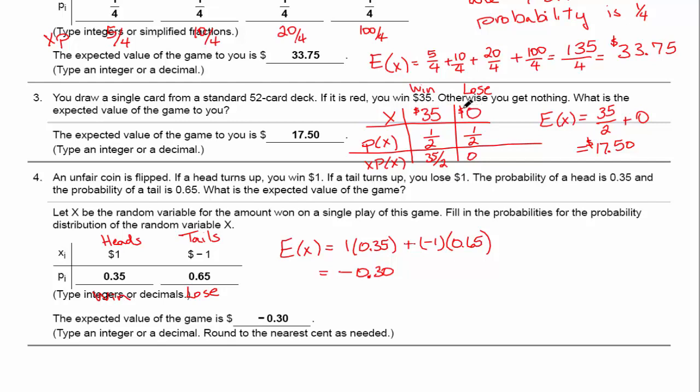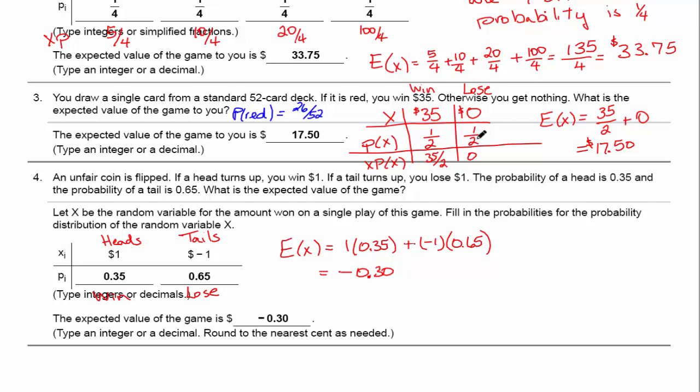All right, well, how do I win? Well, I get a red card. Well, how many red cards are there? Well, we know that the probability of a red card is 26 out of 52, which reduces to 1/2. Well, if I win when I get a red, that means I must lose when I get a black, and there are similarly the exact same probabilities.